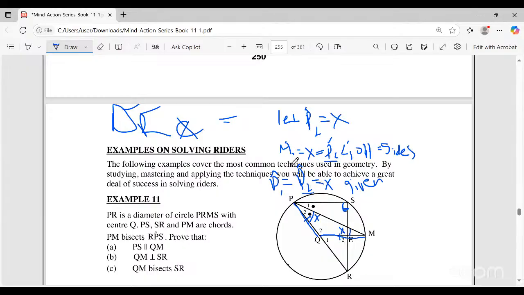Therefore, this M1 will be equal to that P1. Reason being, they are both equal to angle P2. Does this part make sense to you, Naledi? Yes, sir. Okay.